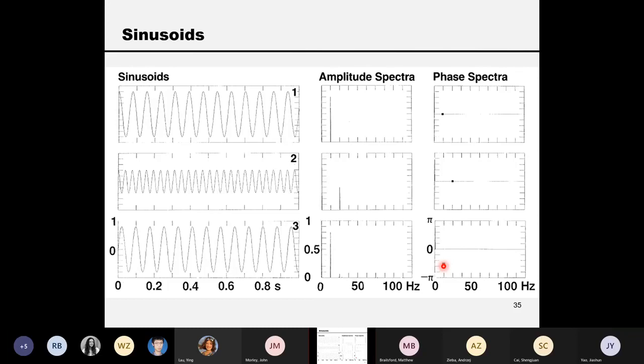Actually, it's not delayed, it's advanced, because we delayed by negative half pi, which means advanced by half pi. Basically, this peak compared to this peak is advanced. That's why we usually call it time delay. So that's why you can see the signal form, phase and amplitude.